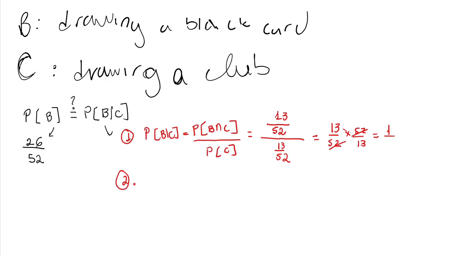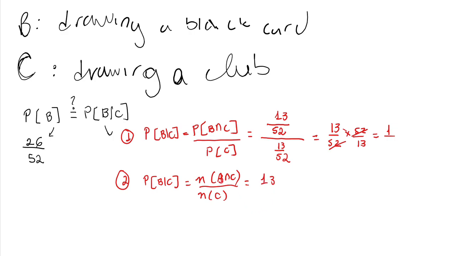The second way to calculate is just using the equiprobable sample space property, which means that this ratio of probabilities just gets reduced to the number of outcomes. So the numerator is the number of outcomes of interest. This is B, sorry. So what are the number of cards that are black and clubs? Well, there are 13, okay?